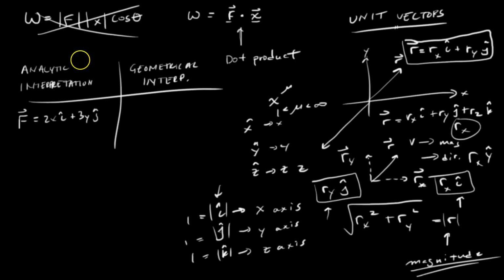So, analytical interpretation of the dot product. Let's say we have a force of 2x in the x direction plus 3y in the y direction. You know what this means now. And let's say that the x displacement is just going to be 3 in the x direction. So the analytical interpretation of the dot product means that we're going to combine all the components.